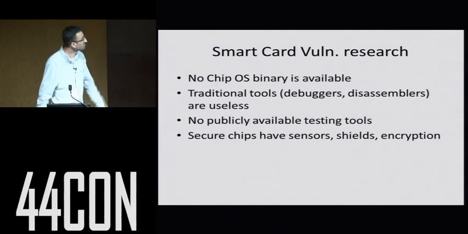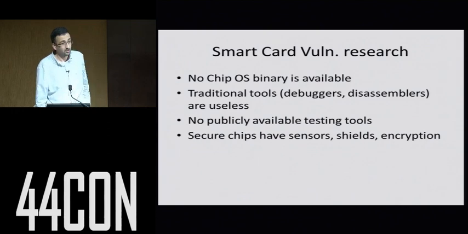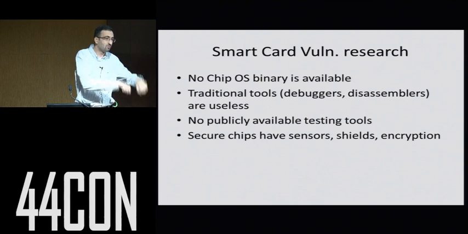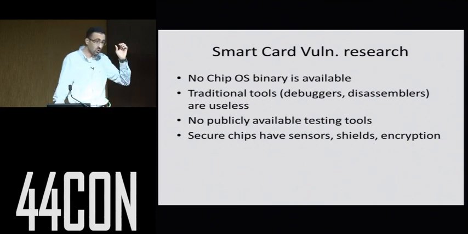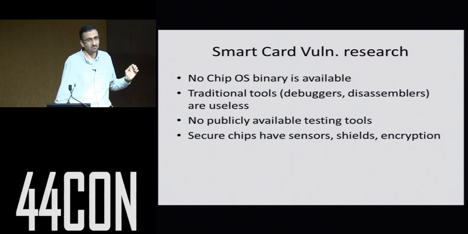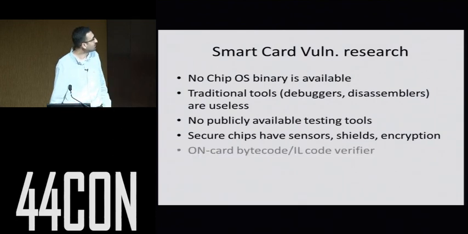Light sensors, sometimes even sound sensors, shields to protect against insertion of probes or reading the circuits, and encryption. The actual firmware code inside the chip is encrypted. If you even manage to get to the circuit, the gates are obfuscated. You again need to find out the encryption or obfuscation method used by that vendor.